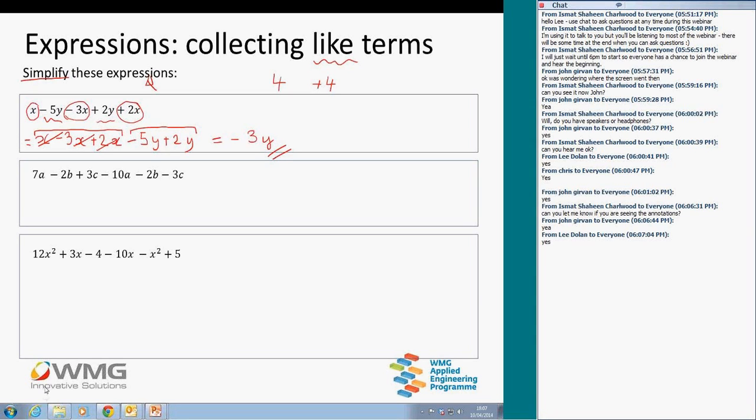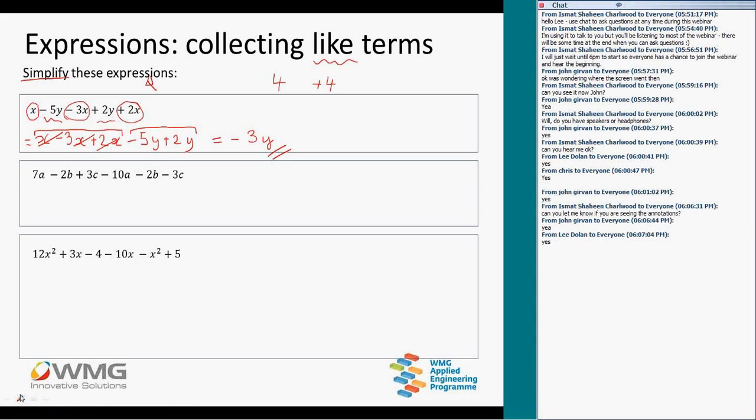All right. The next one. So here I've got 7a, and I have no other terms. So I can actually do that in my head, but I'll write it out just for completeness. So 7a minus a, then a minus 2b and a minus b, and minus 2c and plus 3c.